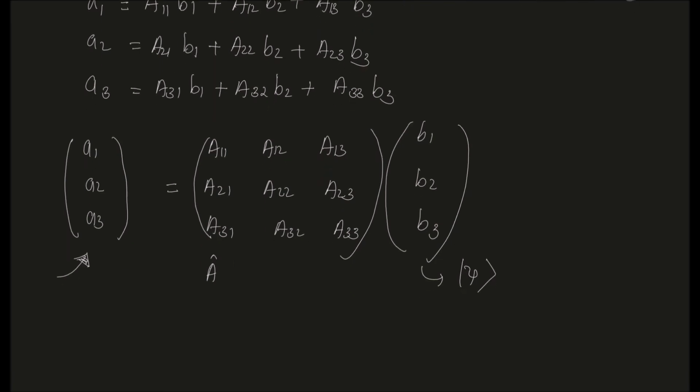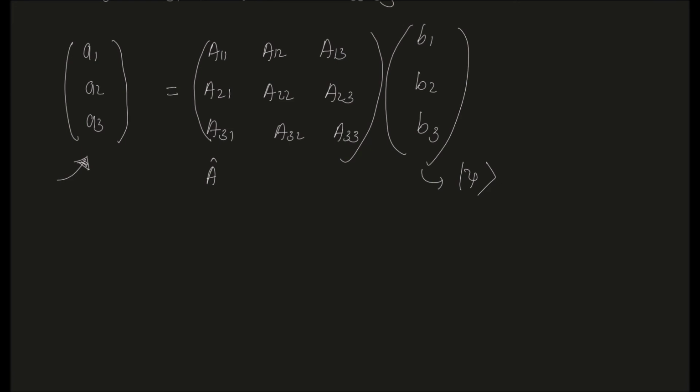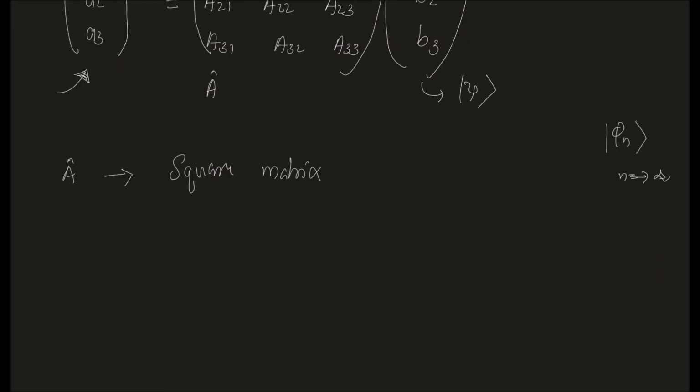So if you generalize these to infinity, that means if you generalize this phi n basis like this, n goes to infinity, then you can see that an operator A can be represented by a square matrix. So an operator will be always represented by a square matrix, and that has countably infinite number of columns and countably infinite number of rows.